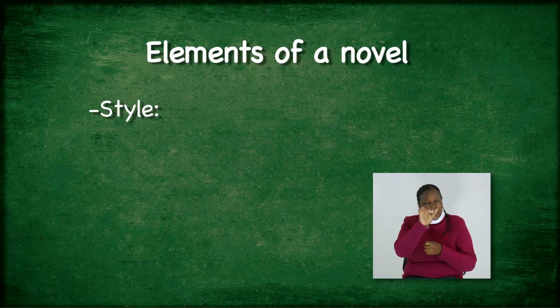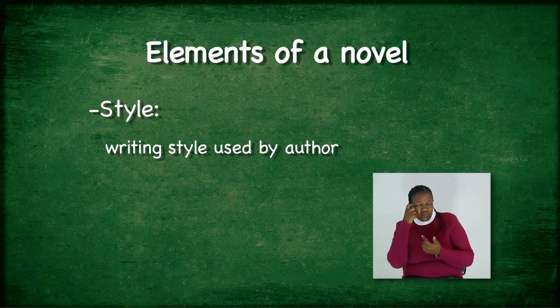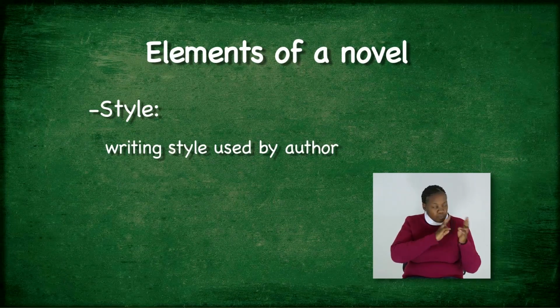Lastly, the style tells us about the form of writing the author uses to tell the story, such as imagery, or stories rich in narration or dialogue, or the way in which he or she uses words. Some African authors use a lot of proverbs to paint a vivid picture for the readers.